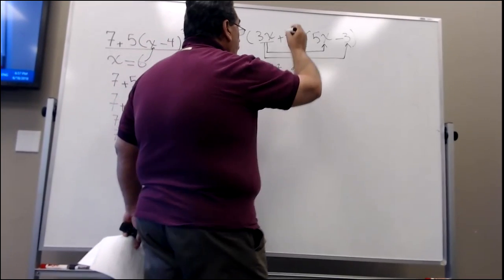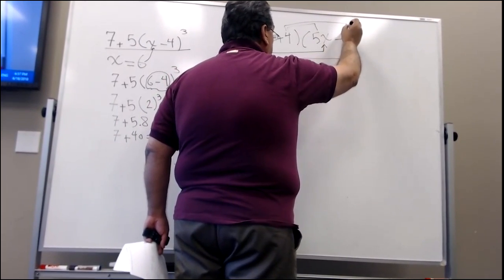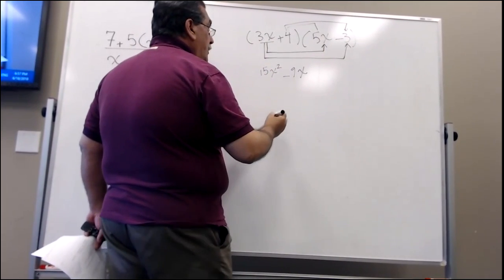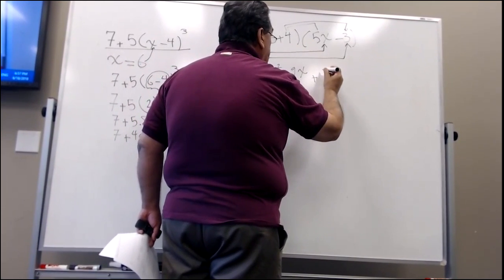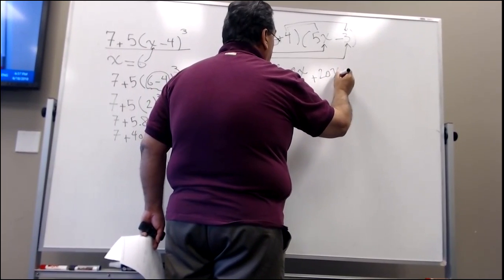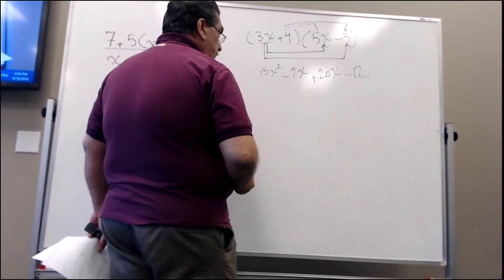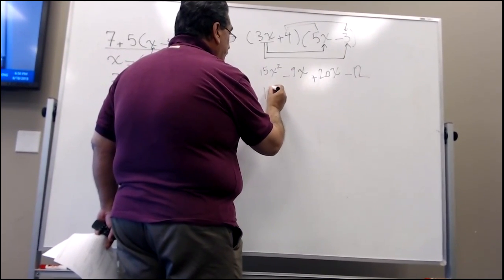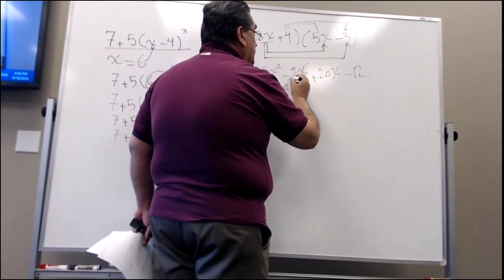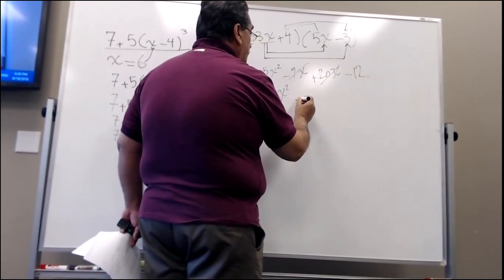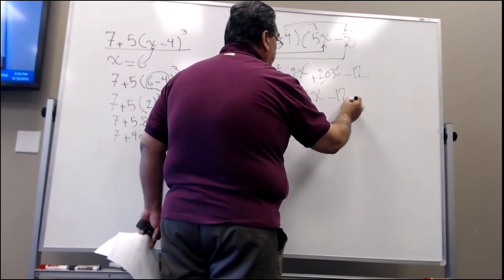Then we take 4 multiplied by this term, and then we add. So 4 times 5x is plus 20x. 4 times minus 3 is minus 12. Then we simplify this: we get 15x to the power of 2, minus 9x plus 20x becomes plus 11x, minus 12. That's it.